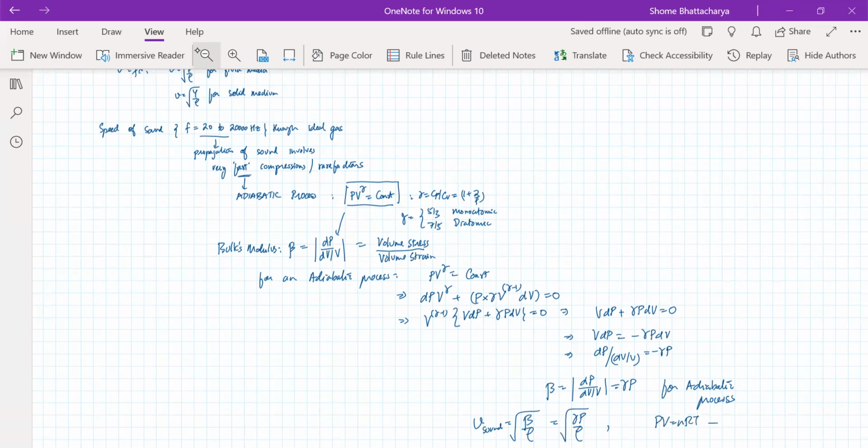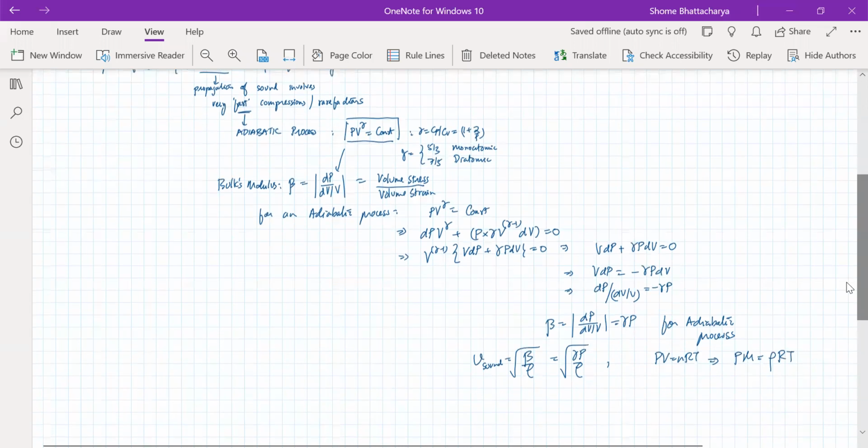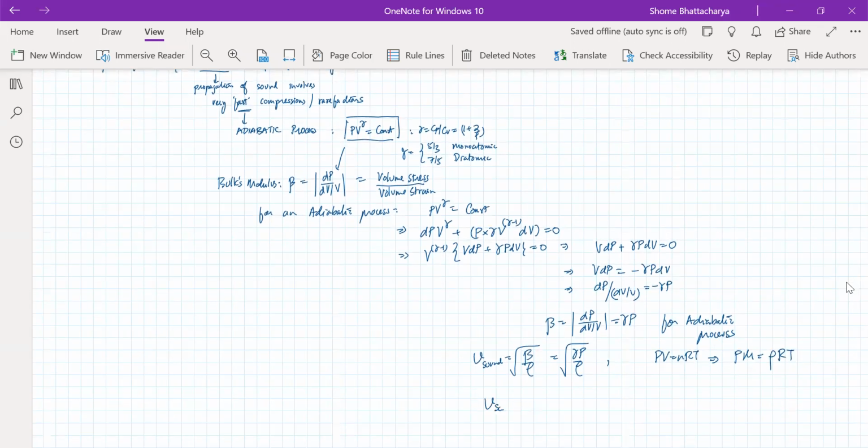PV equal to nRT also means that pressure into molecular mass is equal to rho RT, where rho is density. So using this relation, we come to another formula. The important thing for us here is that because it is an adiabatic process, the bulk modulus by density can also be expressed as square root of gamma RT divided by M. So this becomes the ultimate formula for speed of sound propagating through an ideal gas.